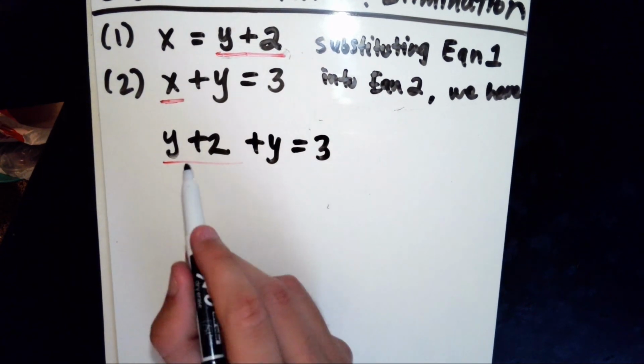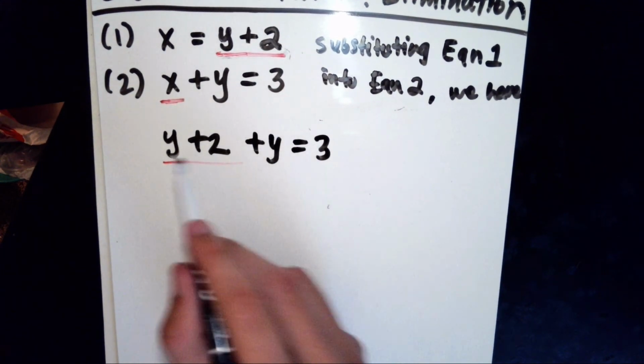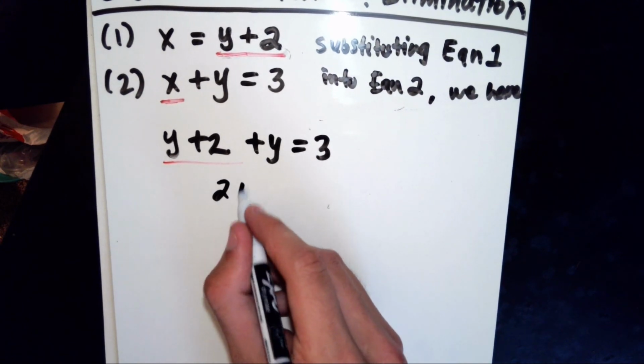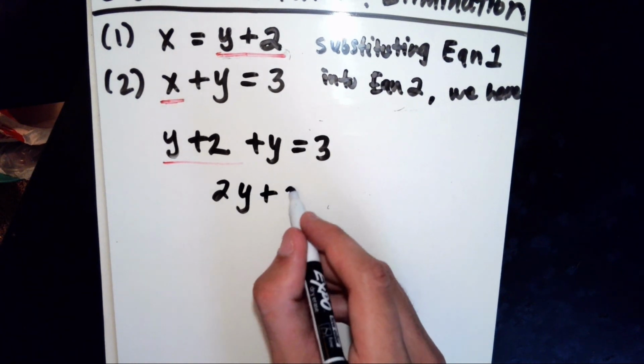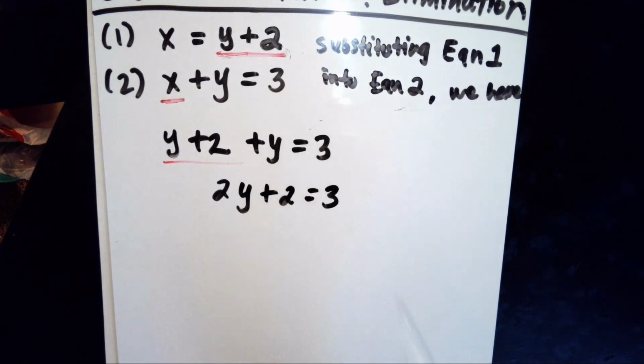Now we can combine some like terms. We get 2y on the left side plus 2 equals 3. We can subtract 2 from both sides.